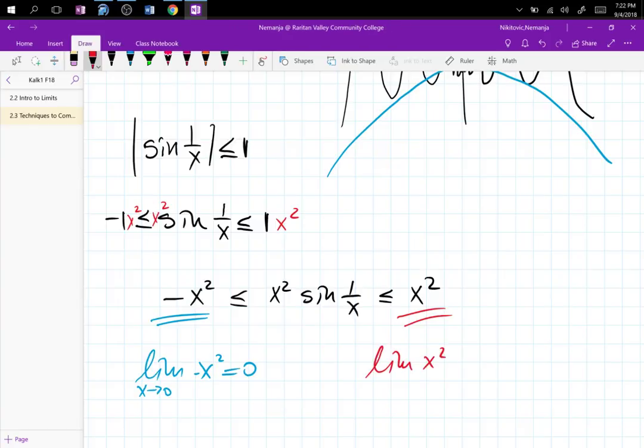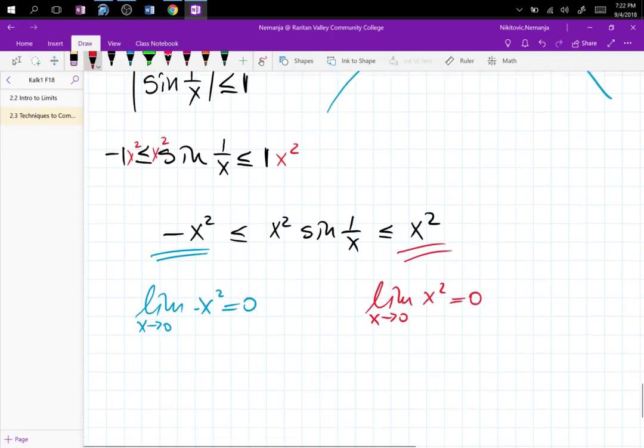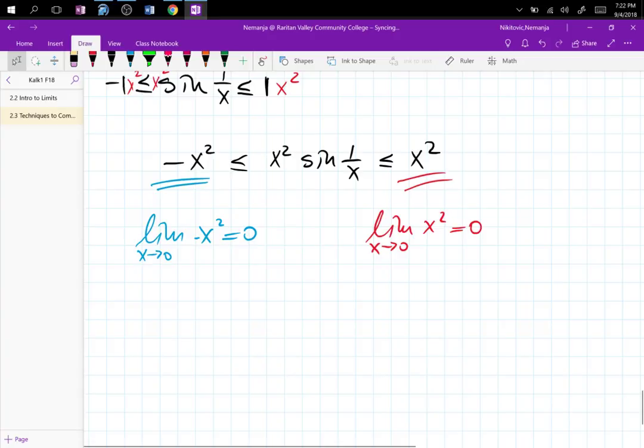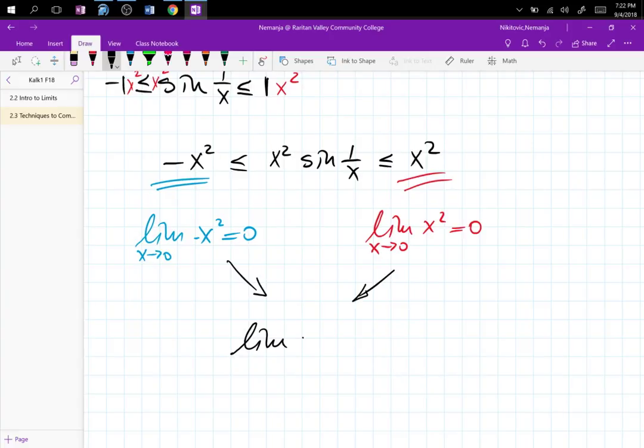The limit of x squared as x goes to 0 is 0. Well, what do you get to squeeze in between 0 and 0? Another 0, exactly. So both of these imply that the limit of x squared sine 1 over x is 0.